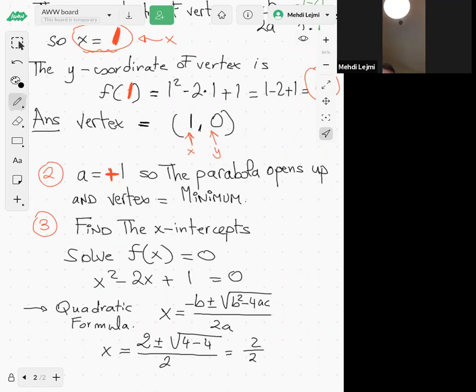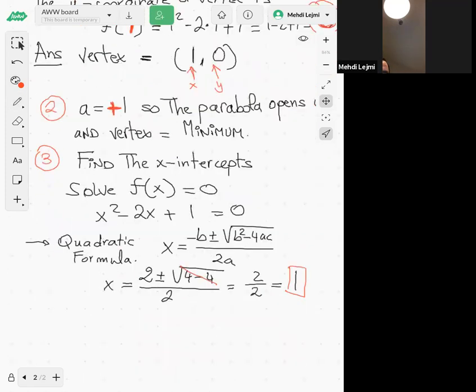So it's just 2 over 2. So actually we got just one x-intercept. There's one solution here, only one answer, which is +1, because 4 minus 4 is 0. So there's one x-intercept, which is 1.